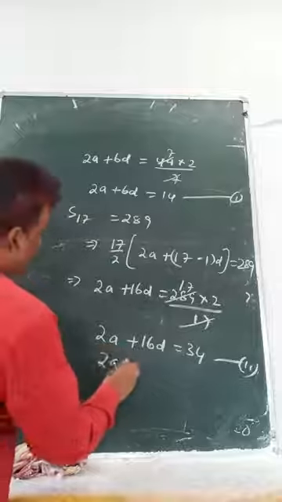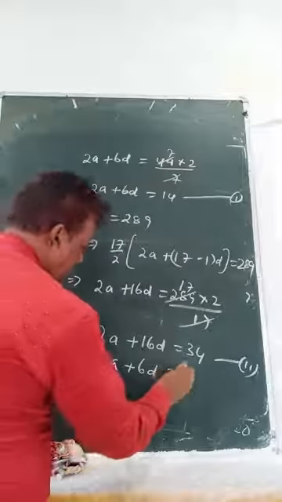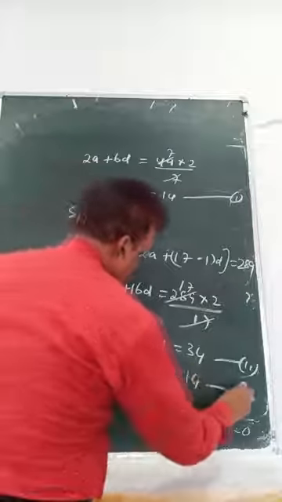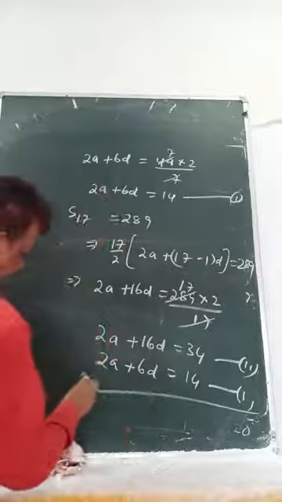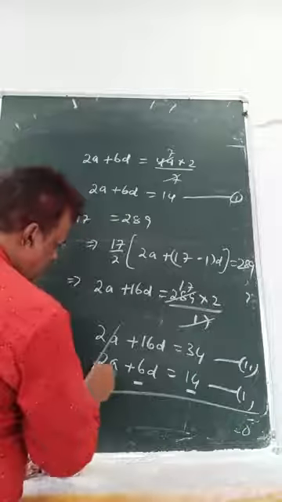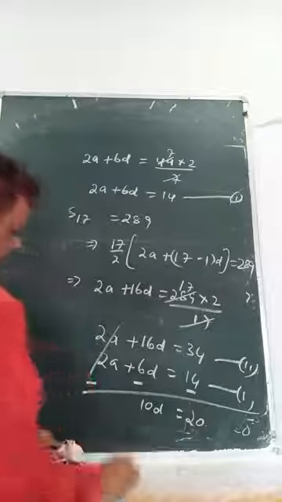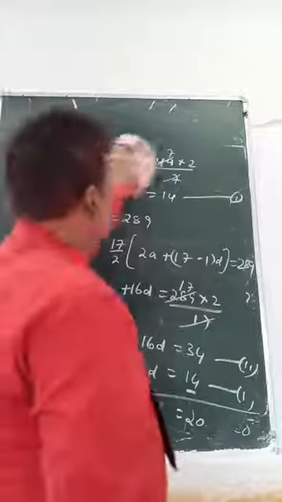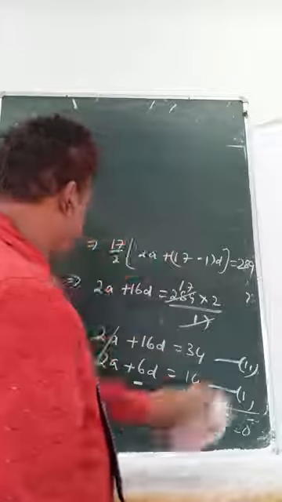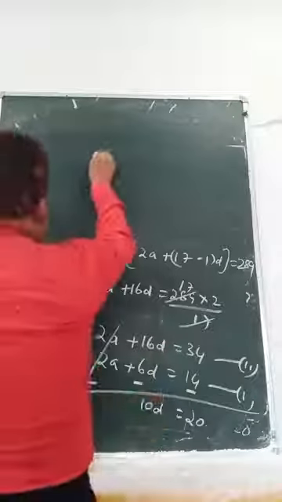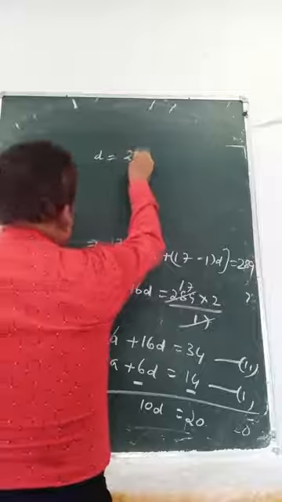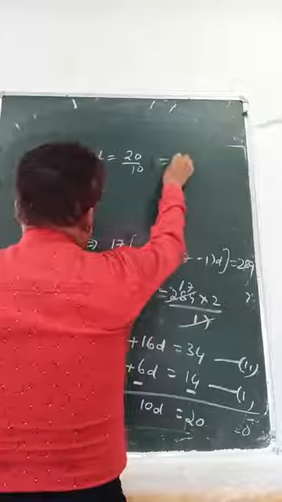2a plus 16d equals 34, 2a plus 6d equals 14. Subtract. This is cancelled. 10d equals 20. So d is how much? d equals 20 by 10, that is 2.